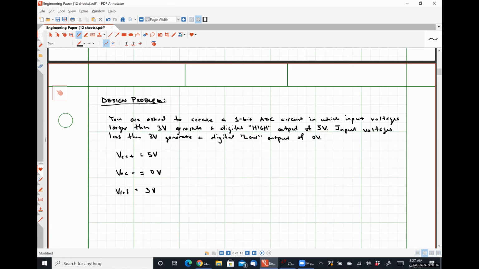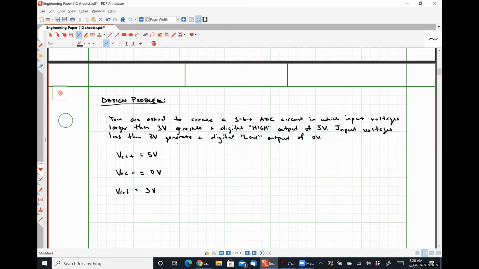And now the $1 million question: am I going to implement this with an inverting comparator or a non-inverting comparator? With an inverting comparator, when my input signal is greater than my reference voltage, my output goes low. I want it to go high when my input voltage is greater than my reference voltage.